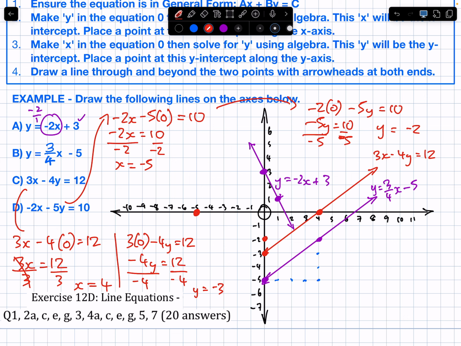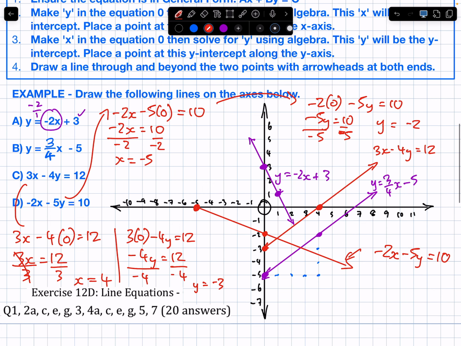So I can draw that line. So this last one here, negative 2x, take 5y equals 10. This question in your test will probably take the longest in the exam because you have to do maths on the side and then draw them accurately. But that's how you do it, okay?